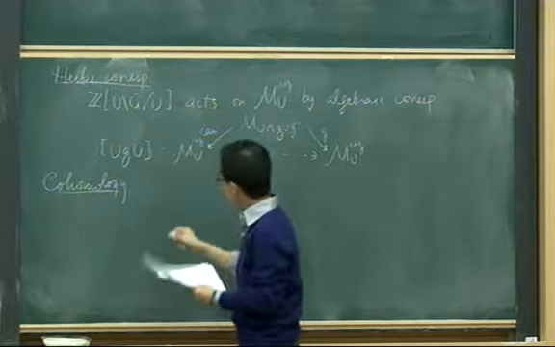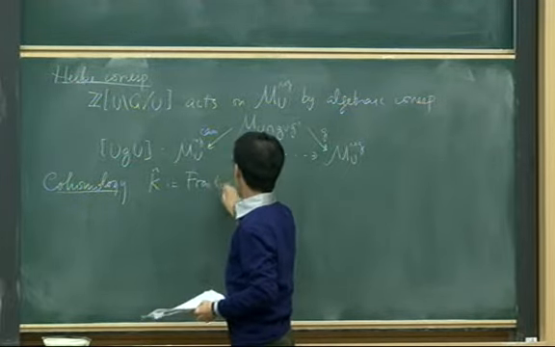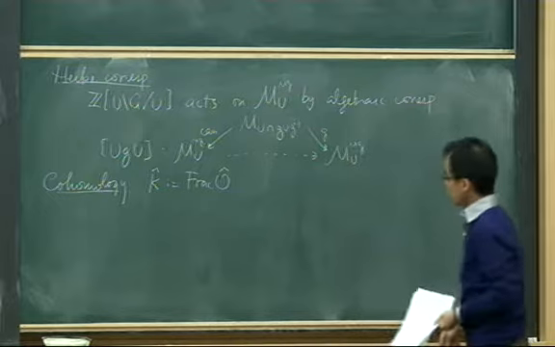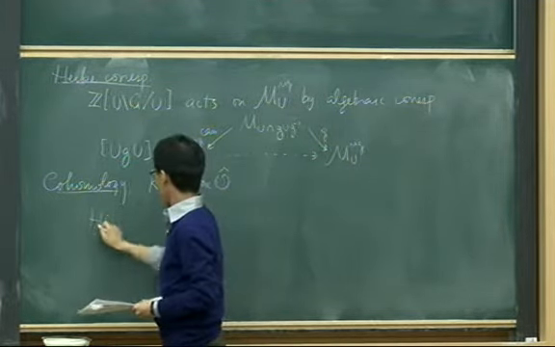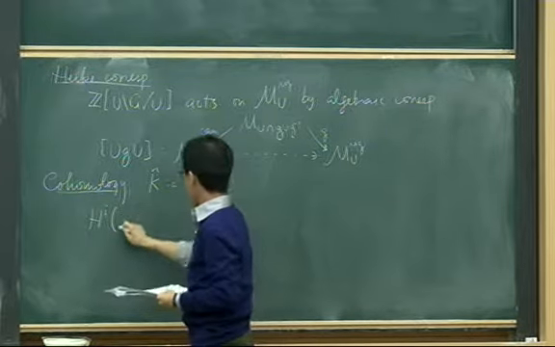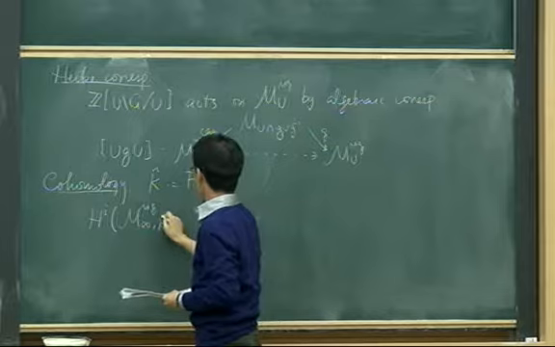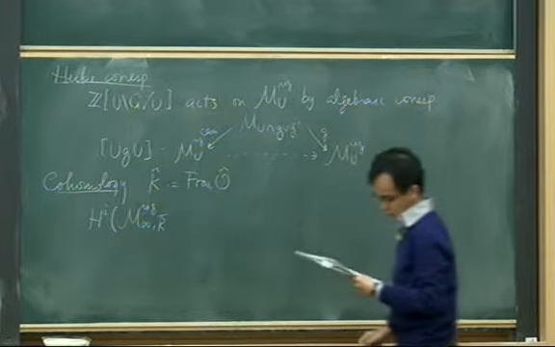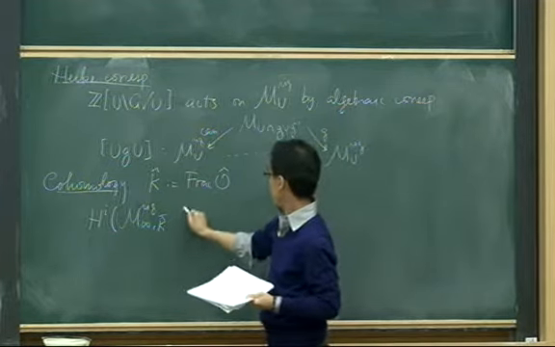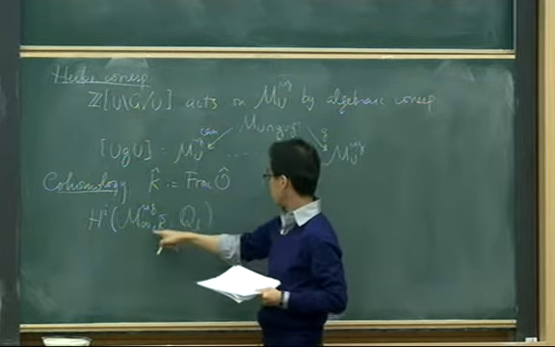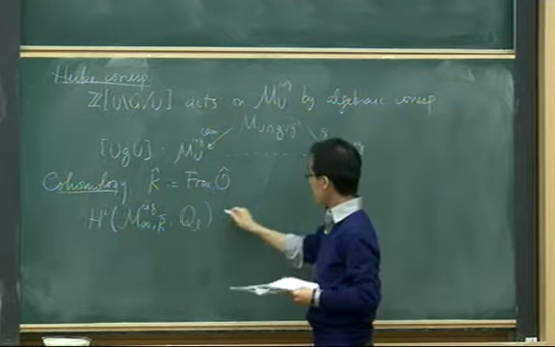Now the cohomology. Let K hat be the field of fractions of O hat. We'll use Ēto's notation, except that I'll make it clear that we're taking the geometric generic fiber.